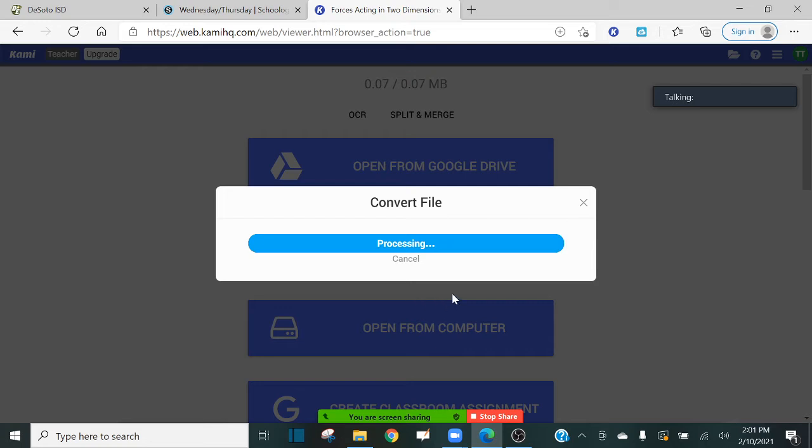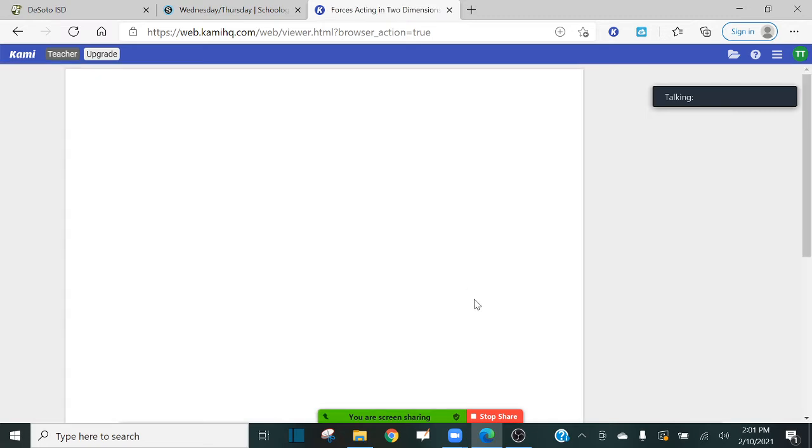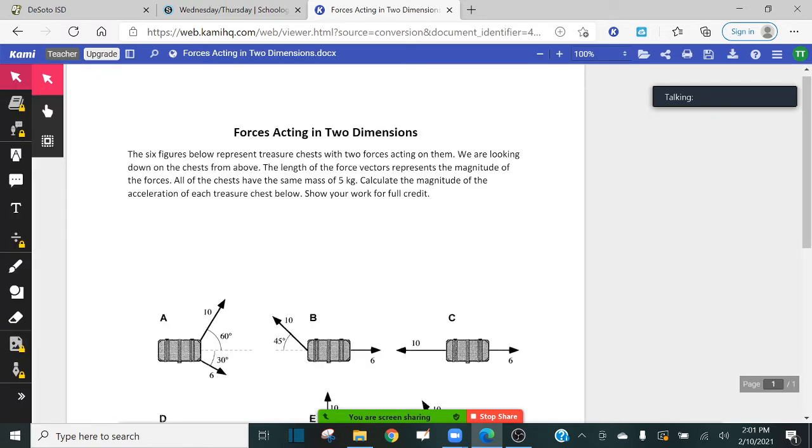If this file will come up. Okay, so the title of this assignment is Forces Acting in Two Dimensions, right?